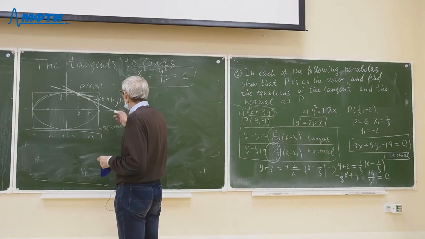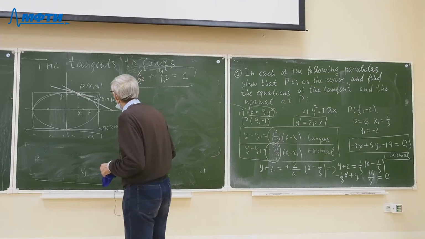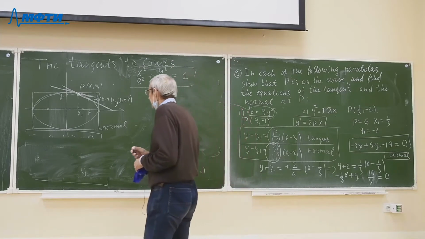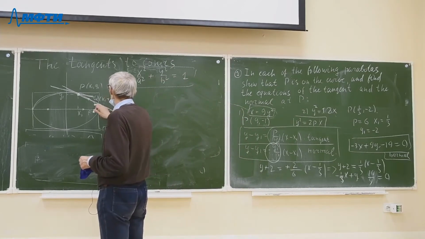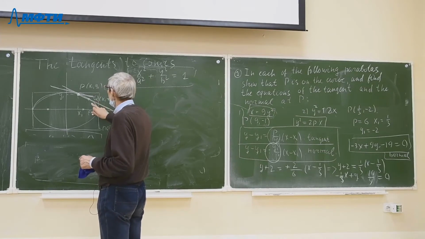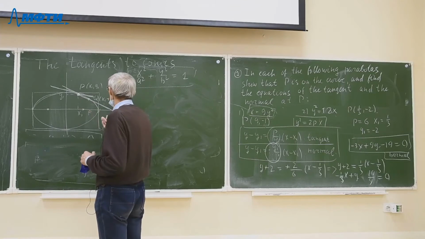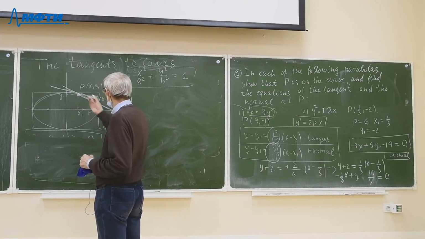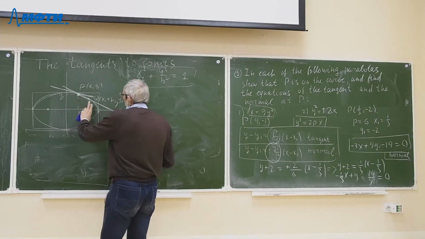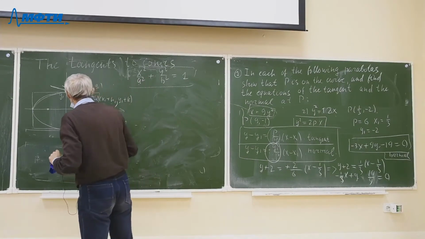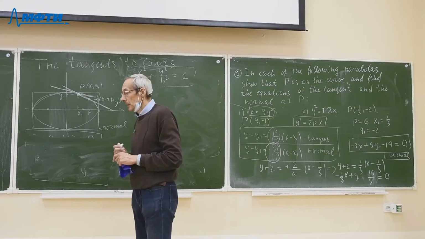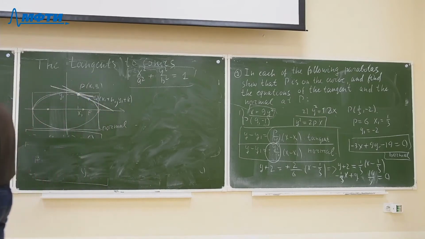And we suggest that h and k are enough small numbers. And if we move Q such a way that Q goes to P, the line secant, which passes through these 2 points P and Q, tends to the tangent. And tangent is a limiting position of this secant when Q goes to P.